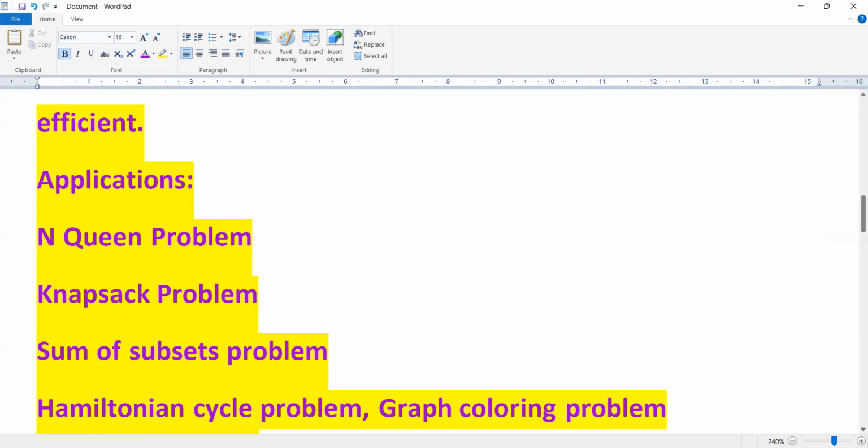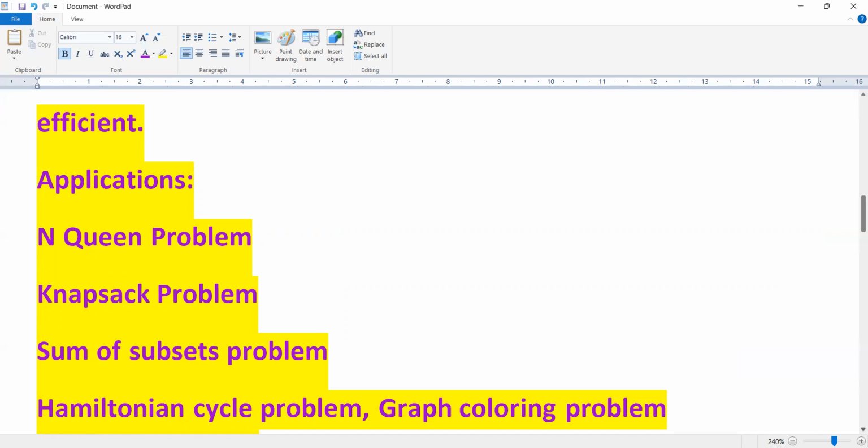Applications of backtracking and branch and bound.